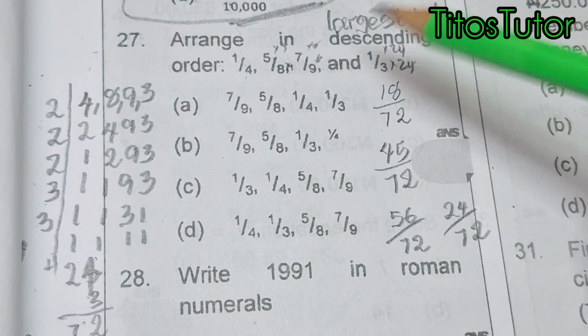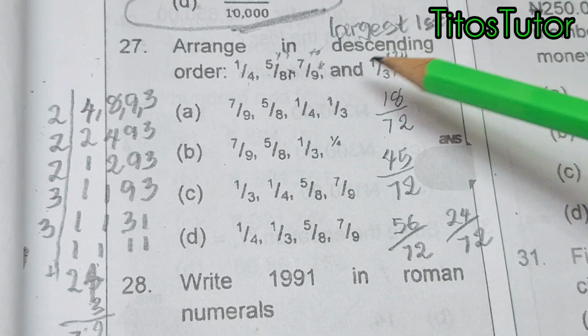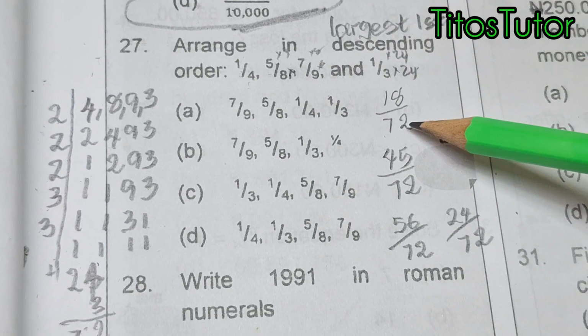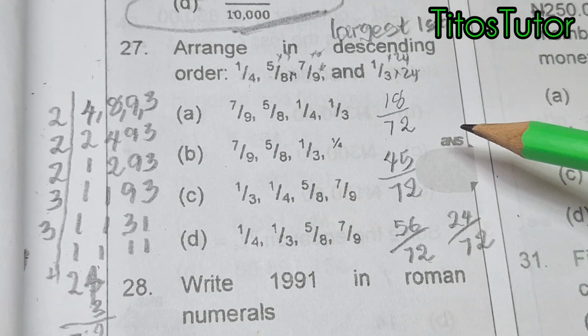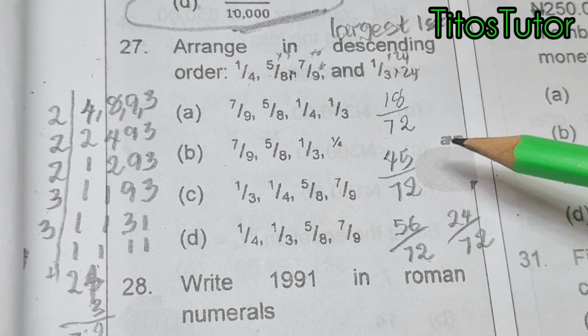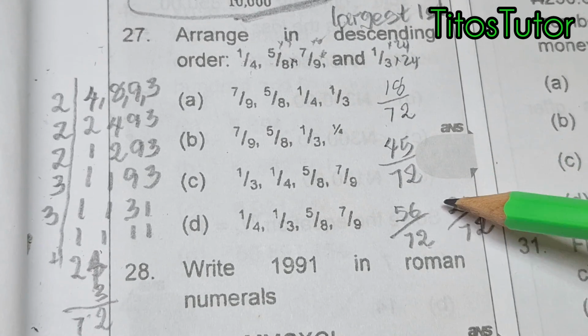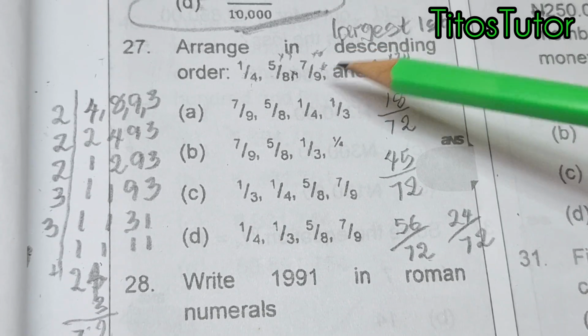So here are equivalent fractions of these fractions that we need to order. But the good part is all of them have a denominator of 72. So the biggest numerator gives you the biggest fraction. In this case, the biggest is 56, which is 7 over 9.